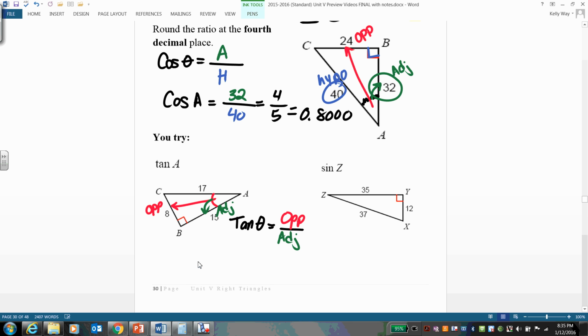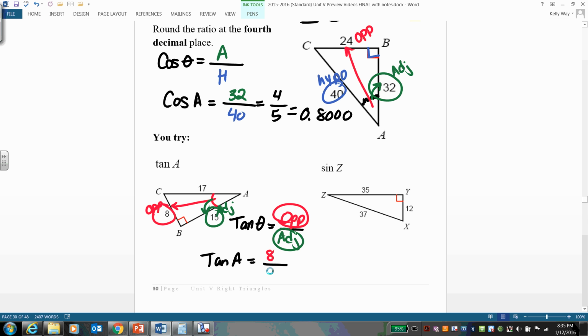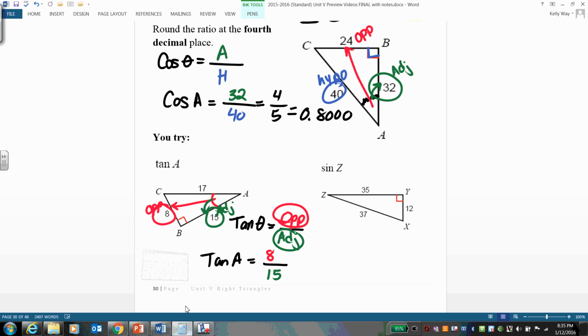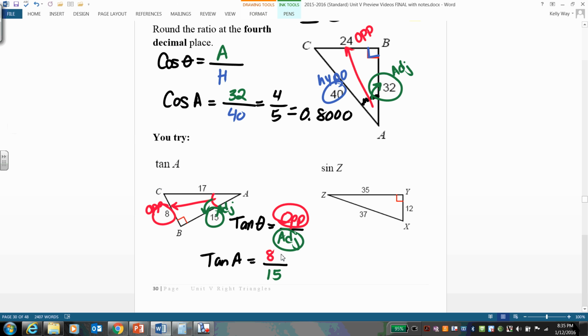Always write your equation first. And now I write tangent of angle A equals opposite over adjacent. From here, I'm just going to go 8 divided by 15 and round it to the 4th decimal place. 0.5333 repeating.